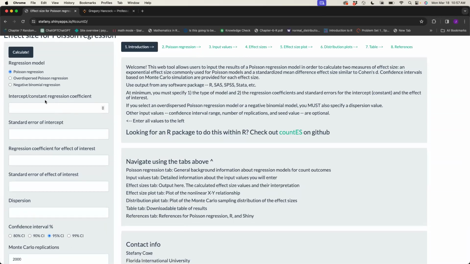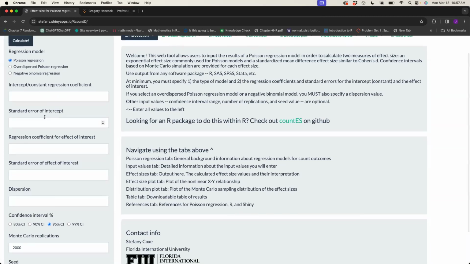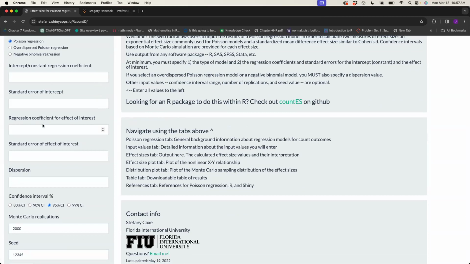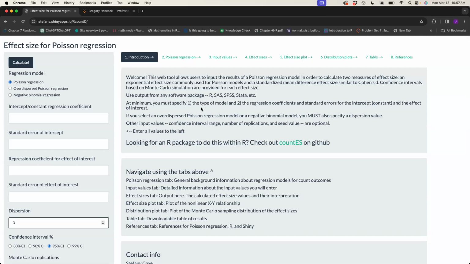What you have to do is take your summary output and input the intercept coefficient and the standard error of the intercept, and then the regression coefficient for the effect of interest and the standard error for that effect. And if you're going to do a negative binomial model, just type in the dispersion, and you can calculate the Cohen's d for that particular effect.